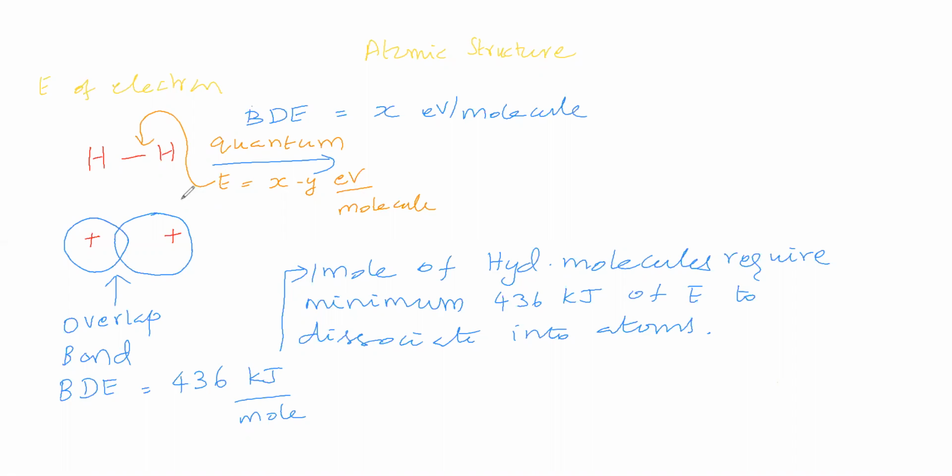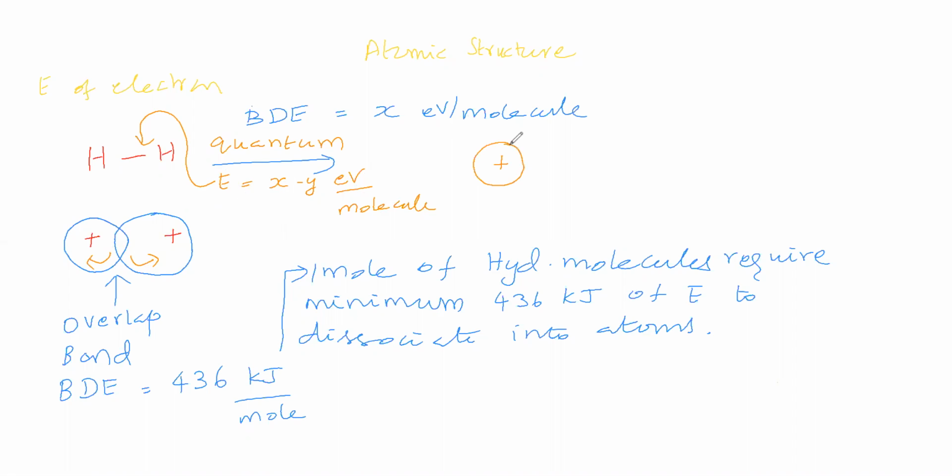Now you say whether this energy is enough to separate this electron cloud to this side and this electron cloud to that side, such that hydrogen atoms can be produced.